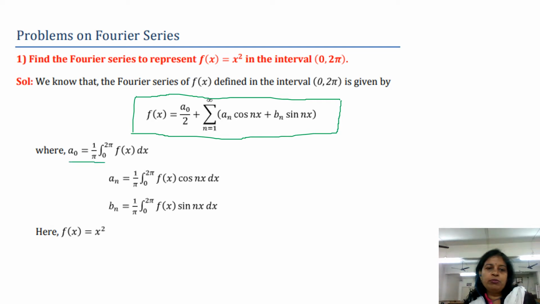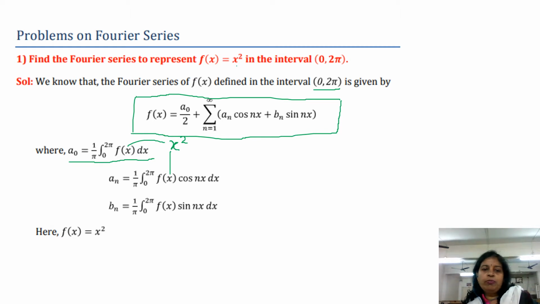a0 is equal to 1/π integral from 0 to 2π of f(x) dx. Here our f(x) is x², so when we find a0 we replace f(x) with x² according to this question. Now an's formula is 1/π integral from 0 to 2π, since the interval is 0 to 2π, of f(x) cos nx dx, where f(x) again is x².